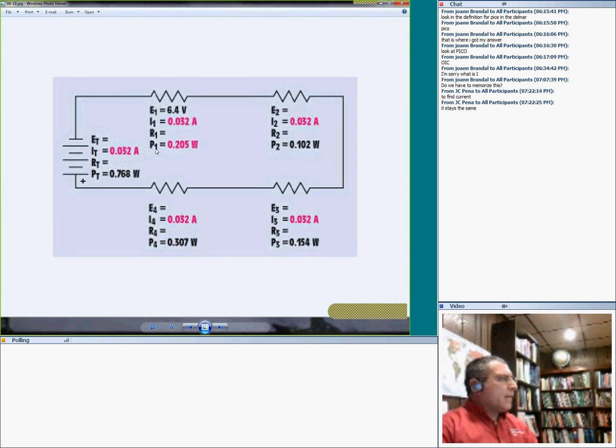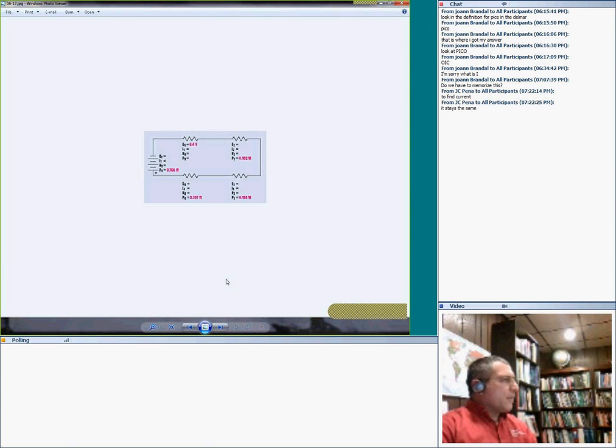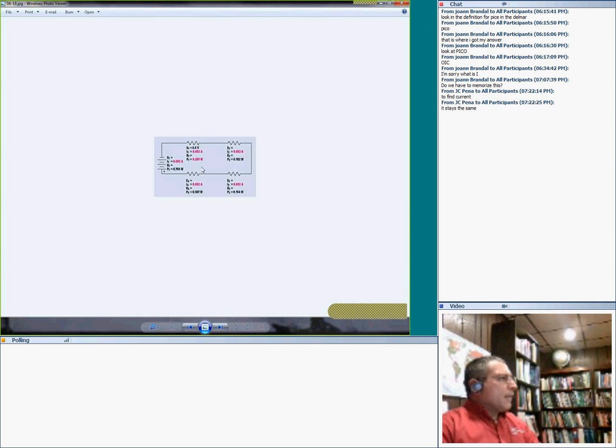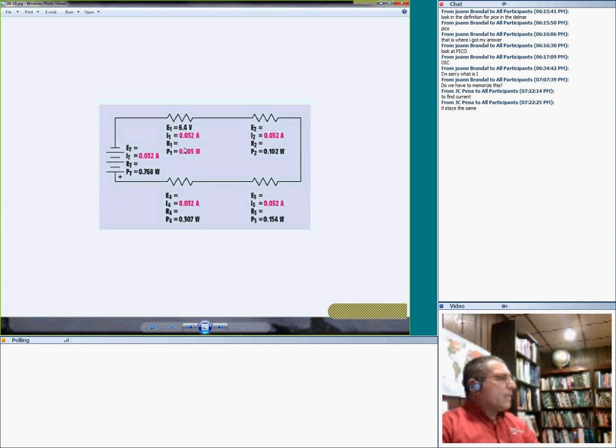Moving on, guys. You can see we found P1. We found P1 is 0.205 by adding P2, P3, and P4. And from P1, I can find the current.